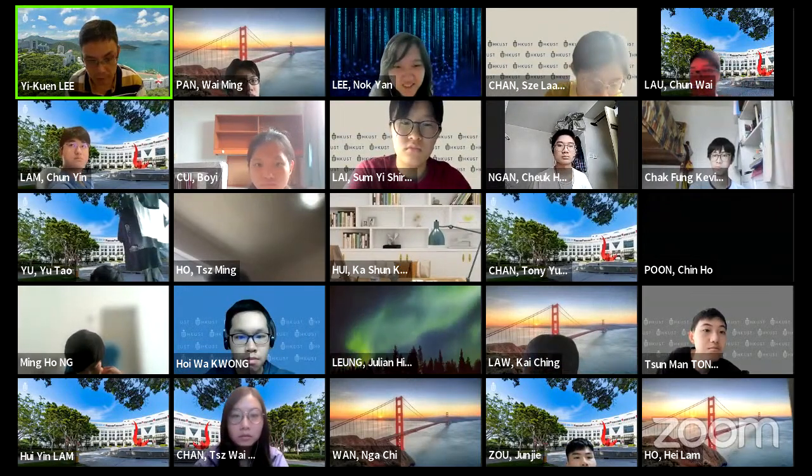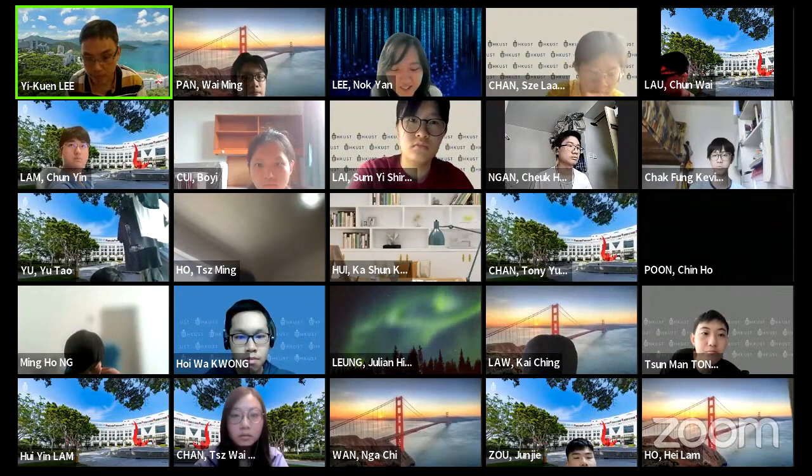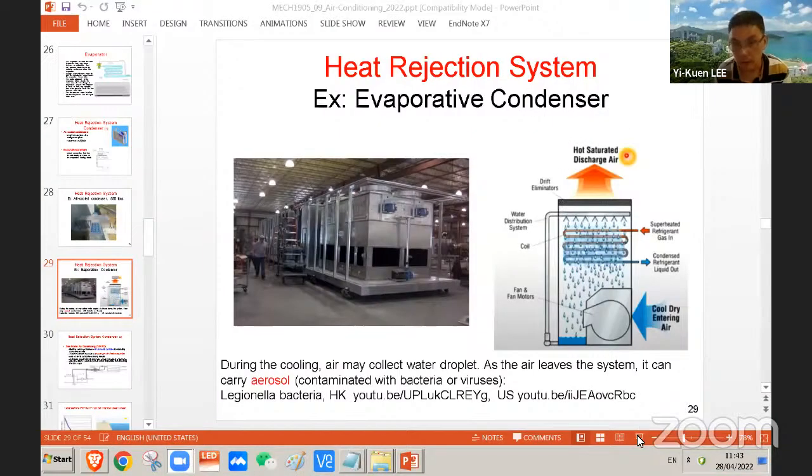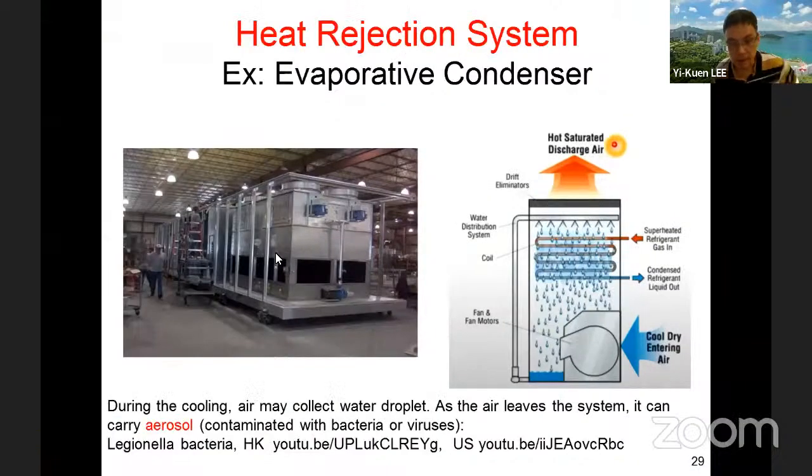Okay, let me quickly show. This is quite common in a typical air conditioner in Hong Kong. In this case, again, you have this condensation, and so you can generate much better heat exchange for cooling.